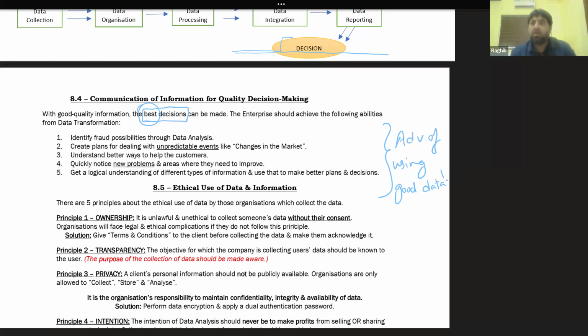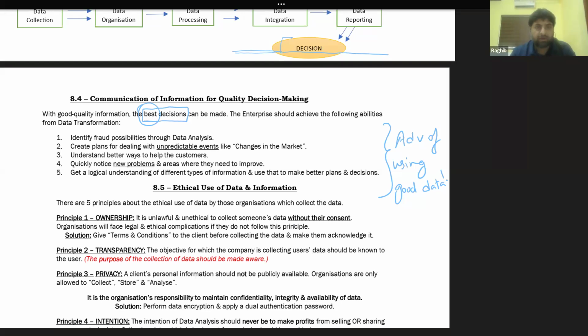Like, what are the advantages which organizations can face if they are using good kind of data, good kind of information? How is it going to be helpful for the organization? What are the various ways it can be helpful? These are all the 5 points of the answers. So now let us look at the first point.